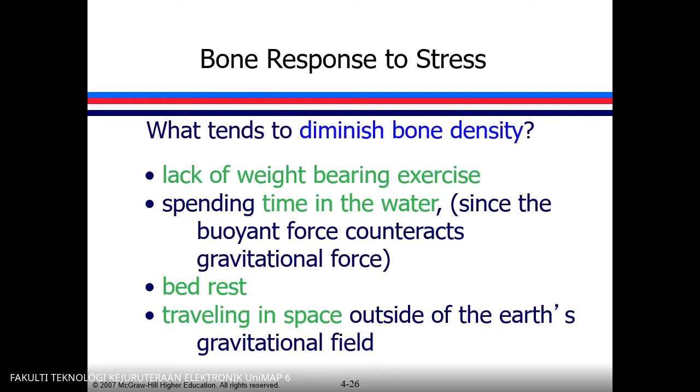Because in space it is outside of the earth gravitational field. So these four things will diminish bone density. Lagi lama kita buat benda ni, lagi lama kita duduk dekat outer space, when we stay longer in the water or in the space, then it will diminish our bone density, ya.